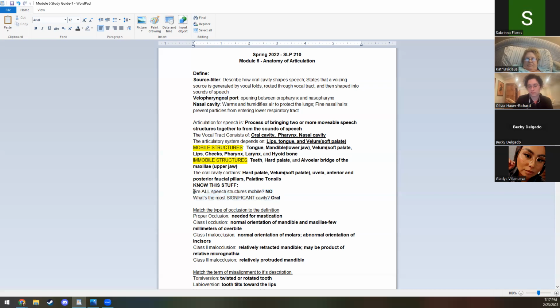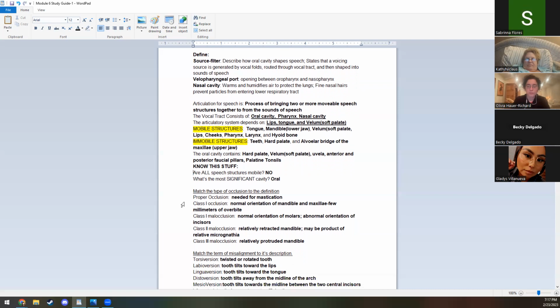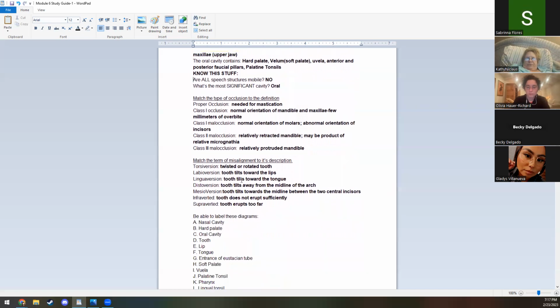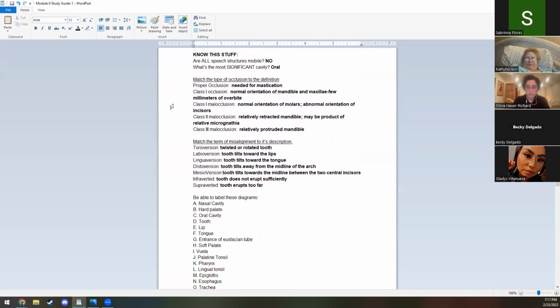But when I looked at the study guide, the answer was no for all speech structures mobile, and then the most significant cavity is oral. I didn't look if it was right or not. I saw it was answered, and I'm like, oh, one less thing to worry about looking up. But if it's wrong, let me know.